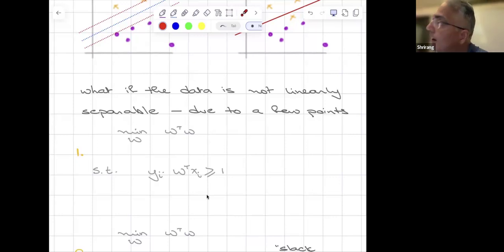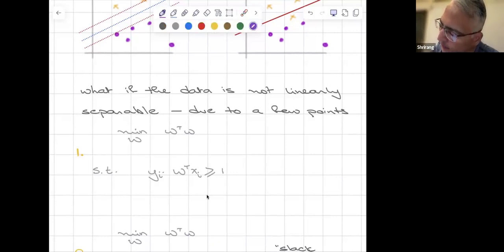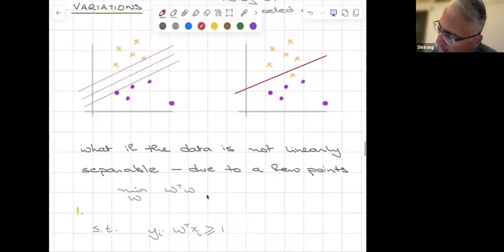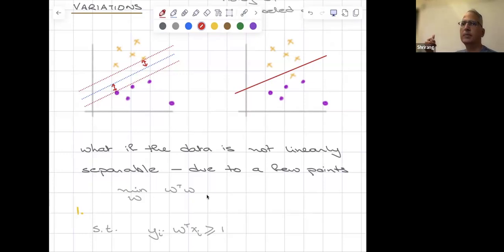But now I'm saying that, instead of enforcing this strictly, I'm going to allow some violation. What this is saying is, this margin that I have out here, every point Yi into W transpose X greater than or equal to 1 means every point is either on that red line or it's away from the red line, away from the separating hyperplane.